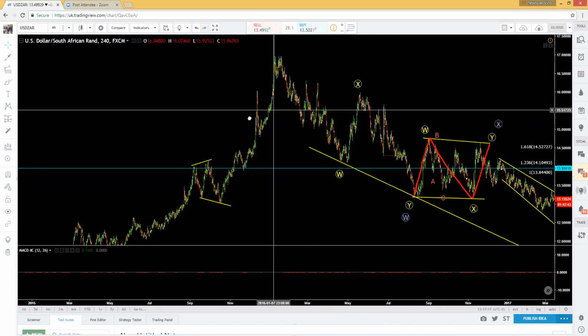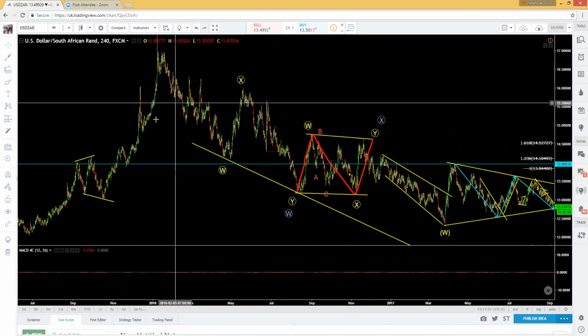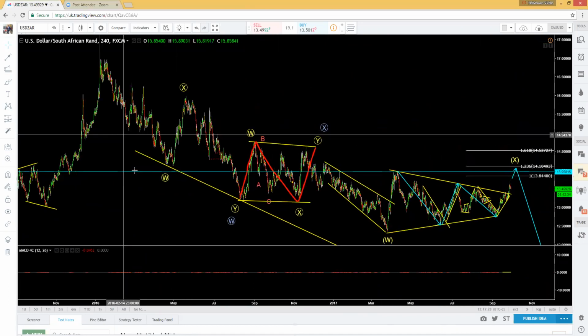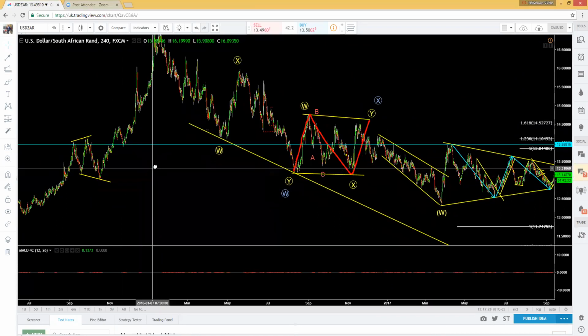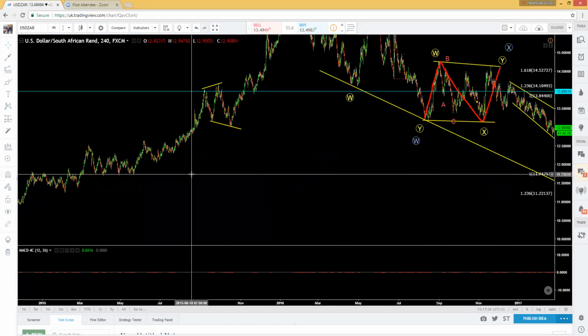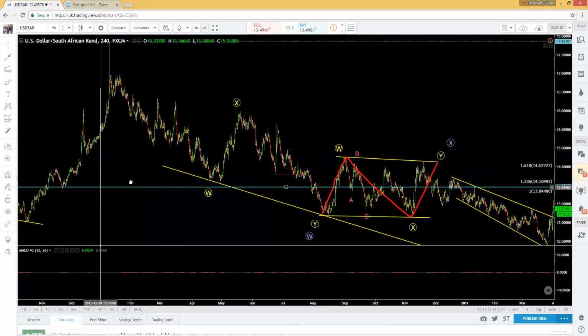January 2016, that's the only time where we had this big correction. So what we are in now with the US dollar ZAR is just a correction. Okay. So I remember in 2006, US rand to dollar was about 6 rand, but today it's 13 rand. So it has always been in an uptrend.